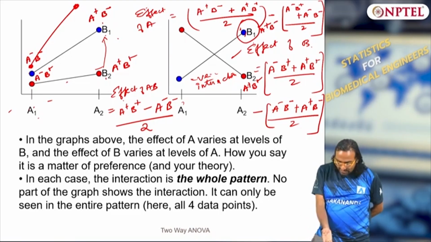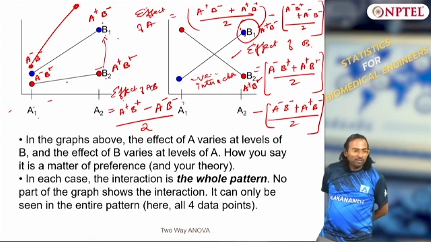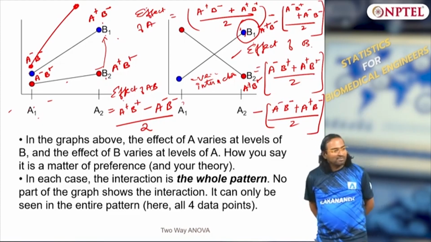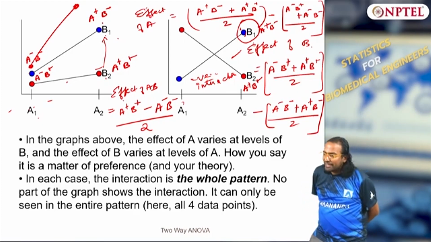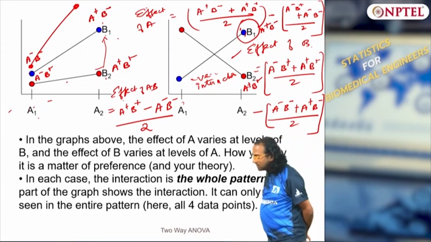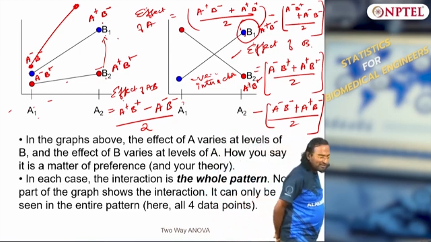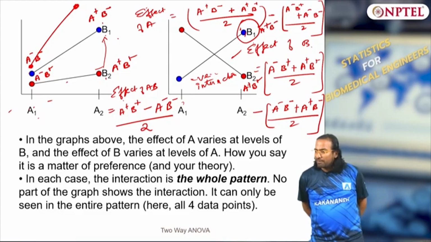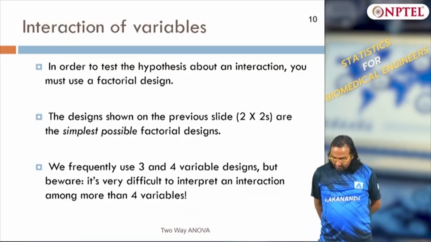What is slope? y2 minus y1 by x2 minus x1. So that is what you are in a sense taking: the rate of change of the A positive, B positive and A negative, B negative line. That will tell me whether there is a significant positive or negative interaction. Make sense everybody? Just with a simple graph you should be able to tell.